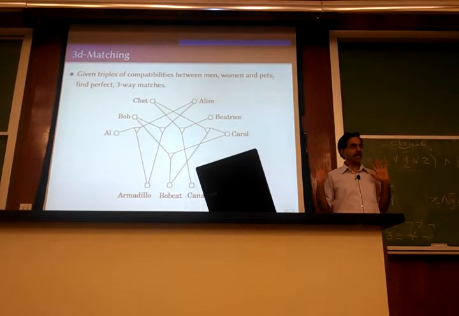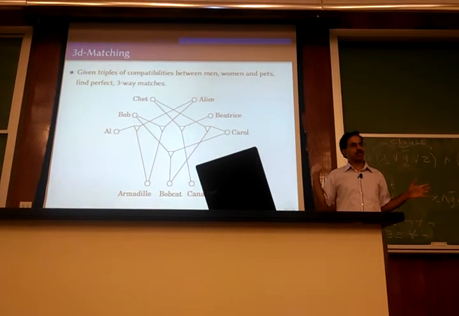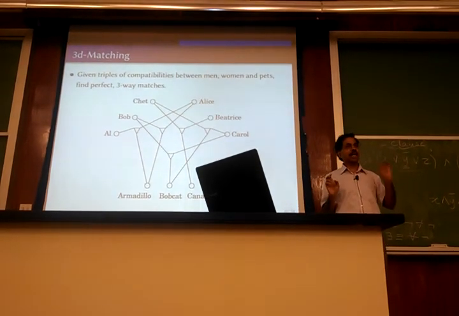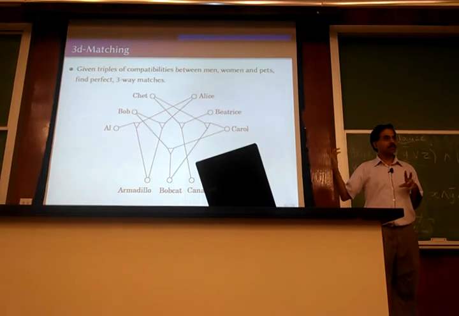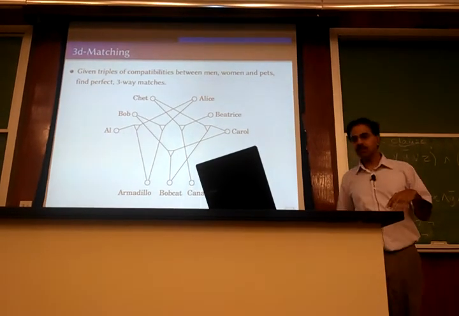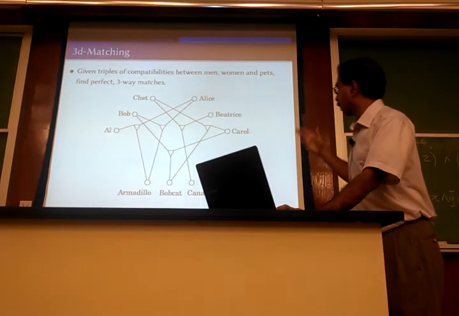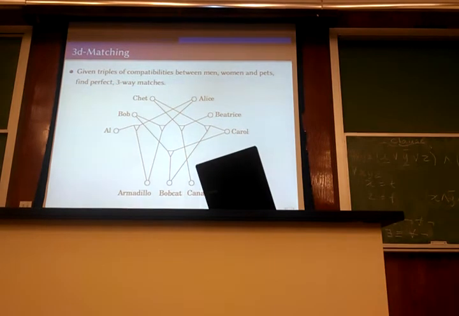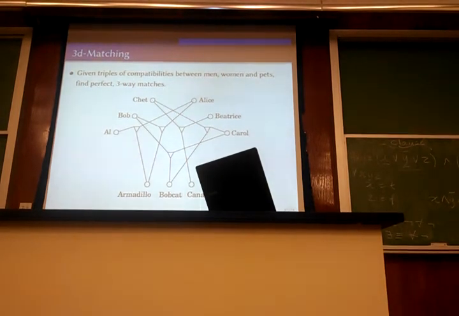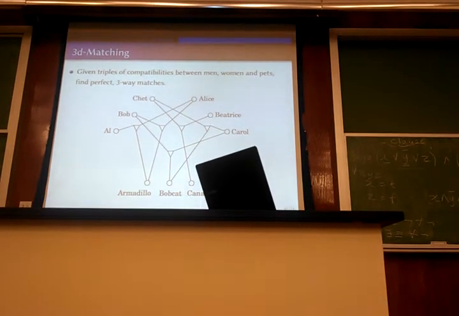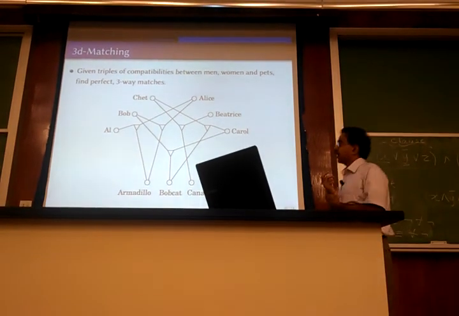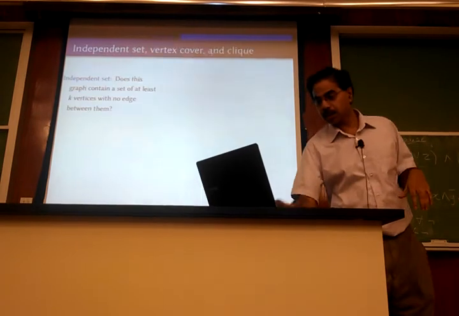The notion of perfect match still remains the same. Everybody is matched, okay? And everybody is matched with exactly one partner, right? And again, bipartite matching is solvable in polynomial time using the max flow algorithm, whereas here the 3D matching problem is actually NP complete.